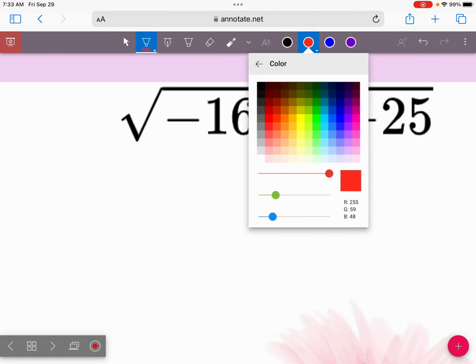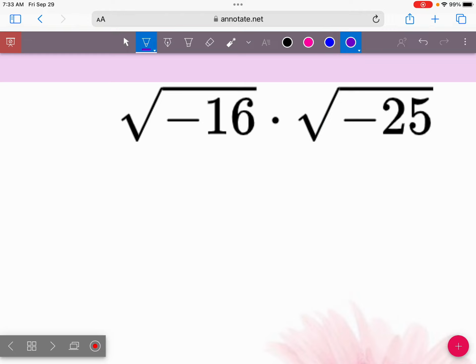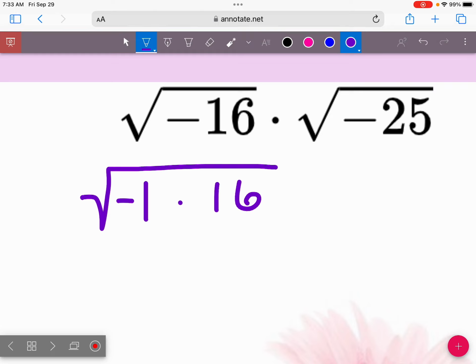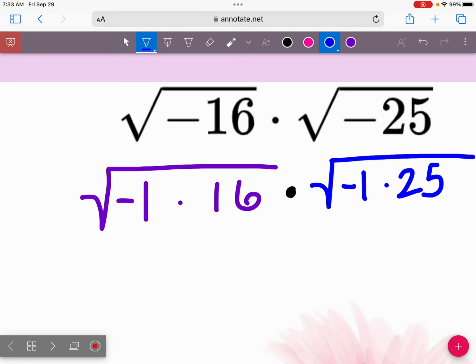Let's look at the right-hand one. I can take my -16 and split this out to be -1 times 16. 16 is a perfect square. We love that. Square root 25 I can do as -1 times 25. Again, we love a perfect square moment.